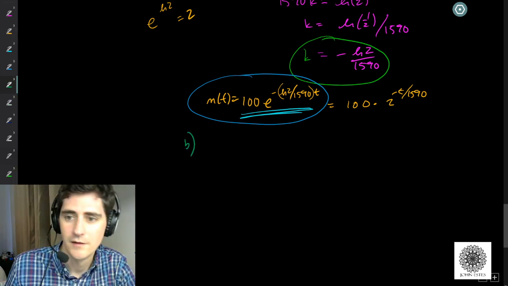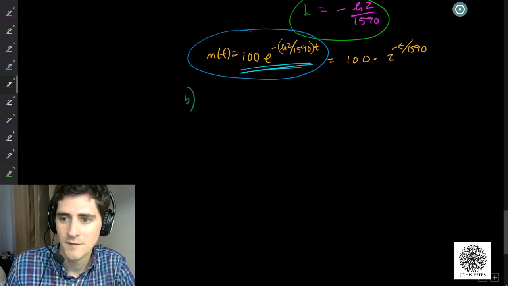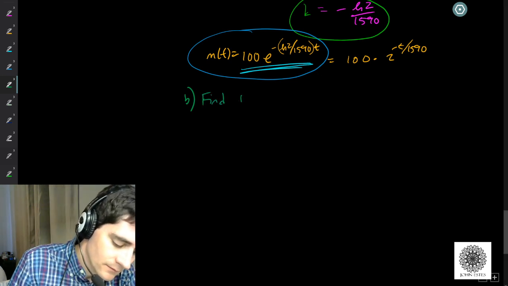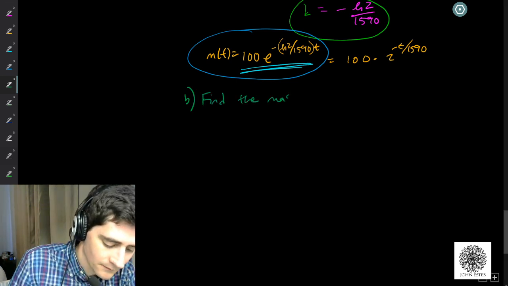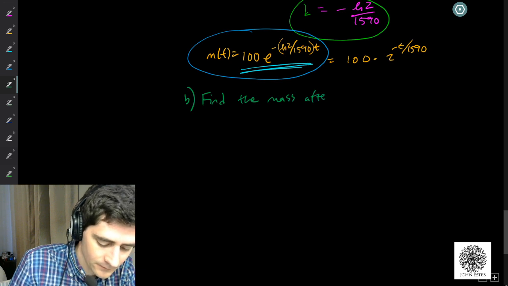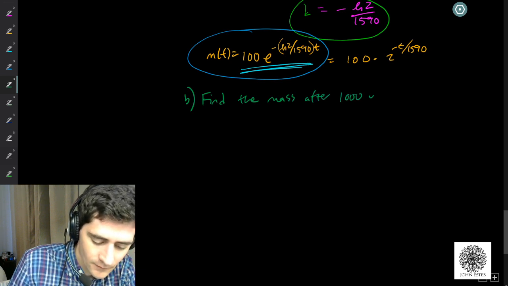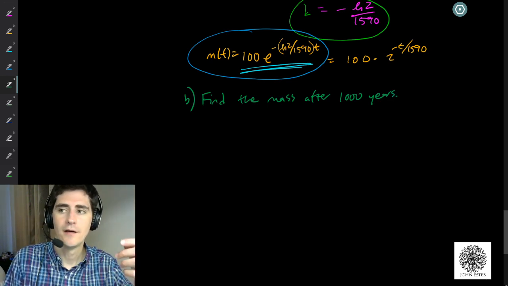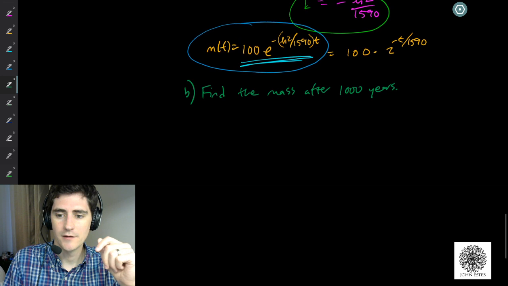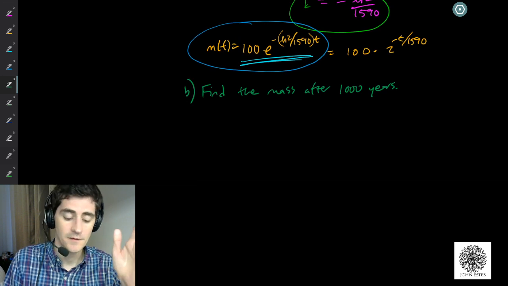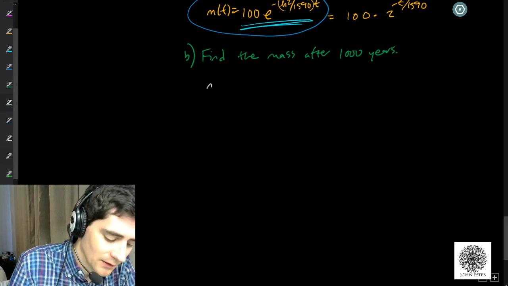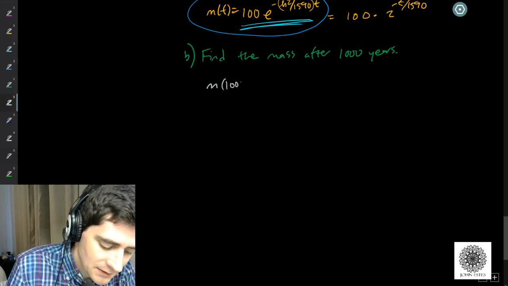In part B, I want to find the mass after 1,000 years. Since 1,000 years is less than the half-life, I should get a value greater than 50, hopefully. All I'm doing now is plugging in 1,000 for t.